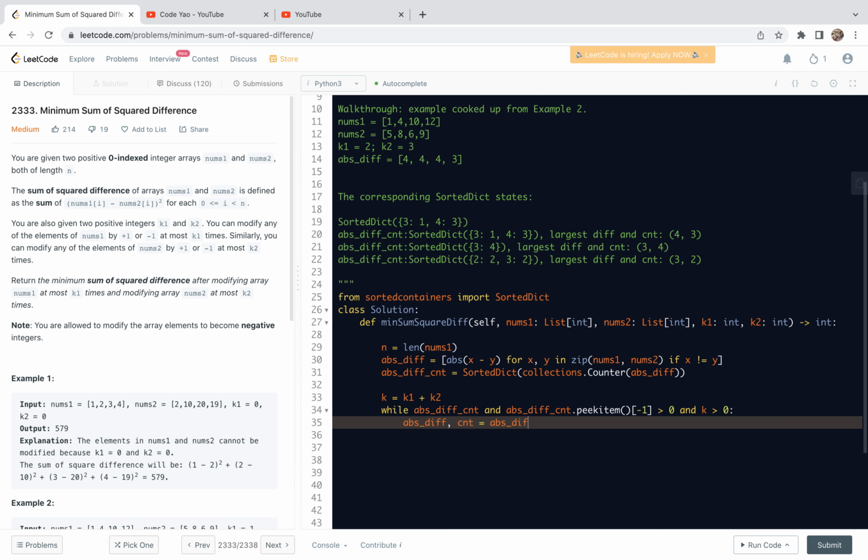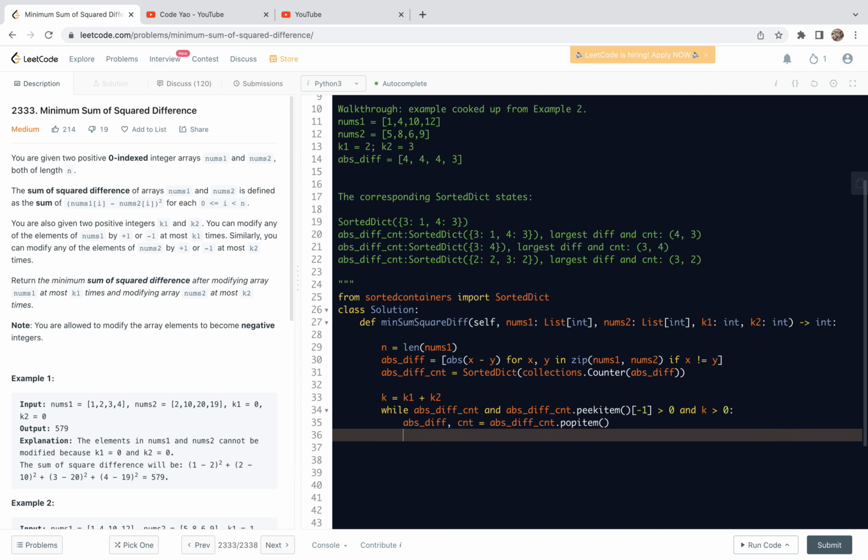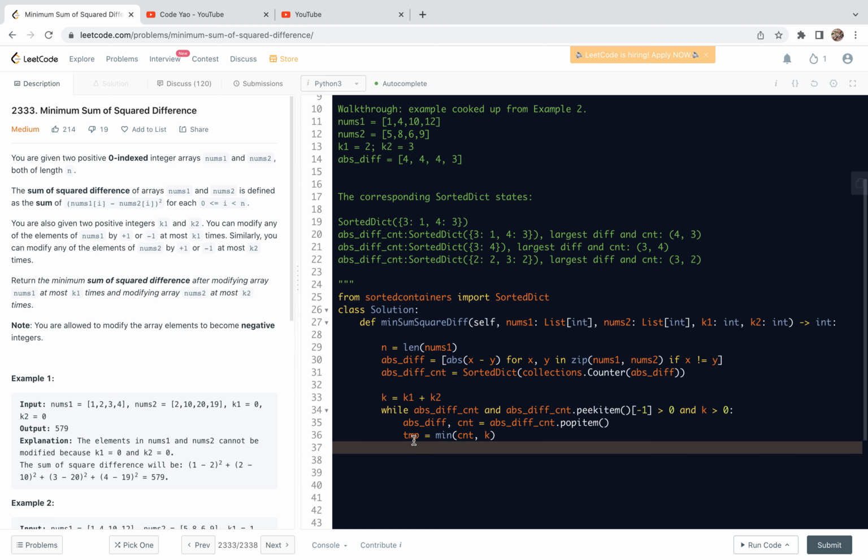So that is abs_diff_count.popitem. Then we want to examine how many operations we can do with this absolute difference. So for this, we are going to introduce a temporary variable, and the allowed operations we can do to this absolute difference is the min of count and k, right? Then basically we shrink temp number of the abs diff by 1, right?